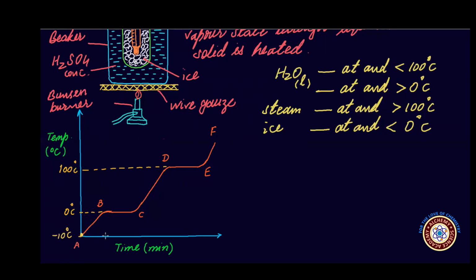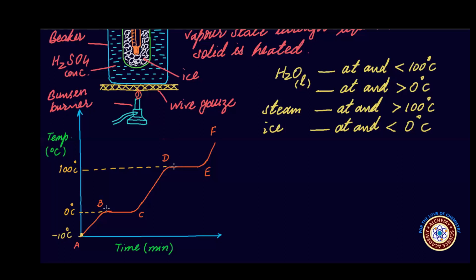On heating, when thermal energy is provided, we see that with time the temperature of ice increases, as is obvious from this AB curve, and as soon as the temperature reaches 0 degrees Celsius, ice starts melting, and for this period of time there is no temperature increase seen during this experiment. It means that the temperature of ice cannot be higher than 0 degrees Celsius.